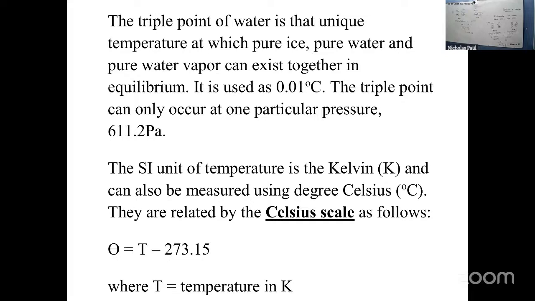Triple point in Kelvin is 273.16. The fixed triple point is 273.16.